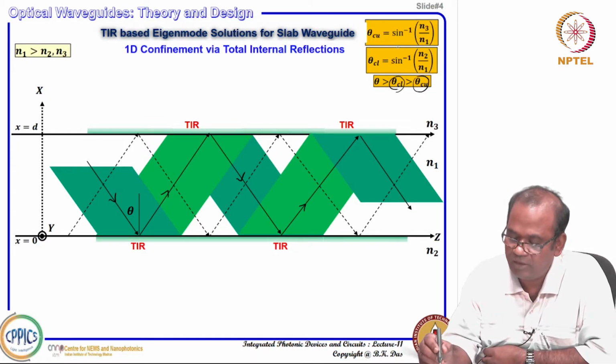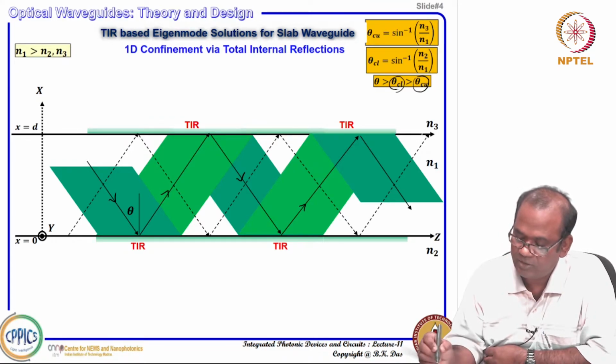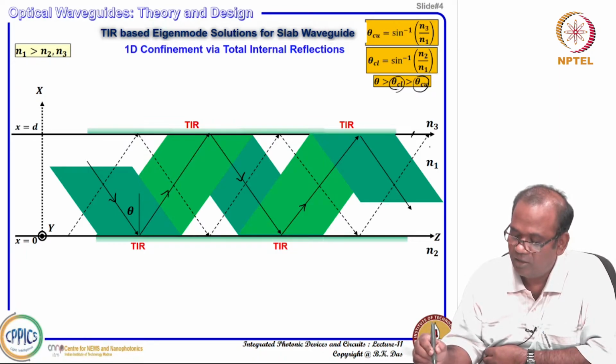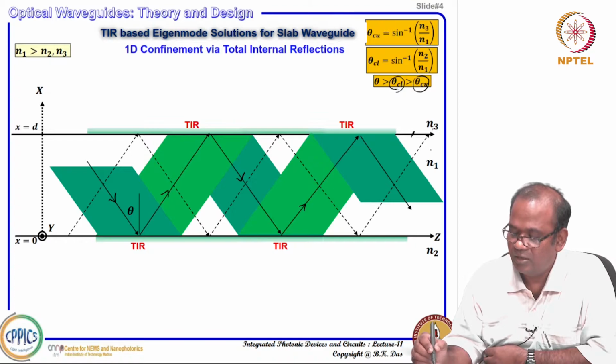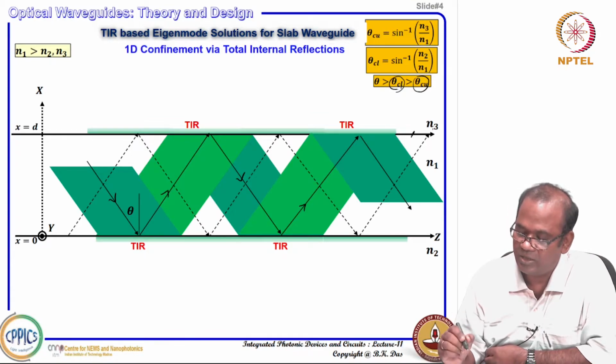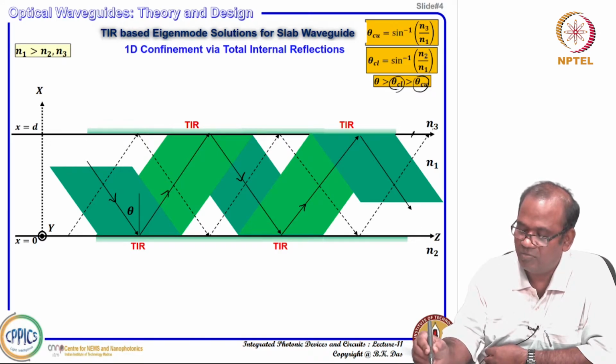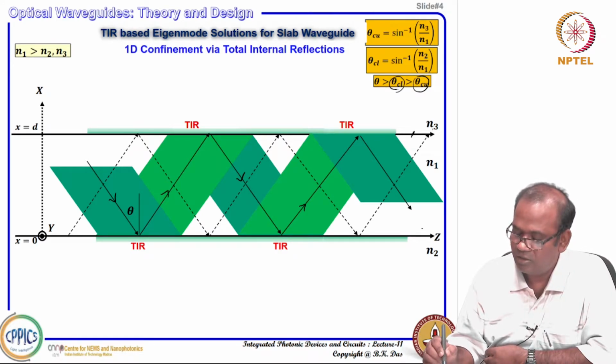You know, the critical angle you can define. For example, for the upper interface, the critical angle would be sin inverse N3 by N1. And theta CL is the critical angle, sin inverse N2 by N1, for the lower interface.